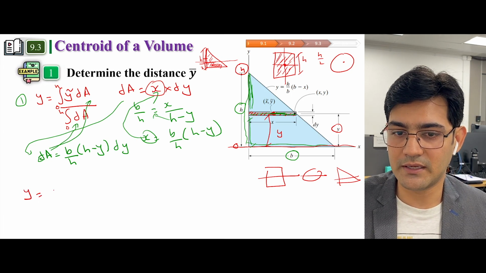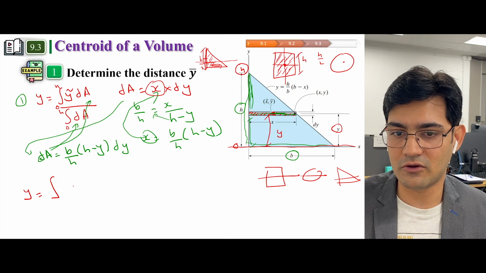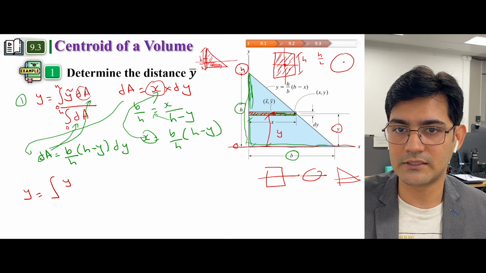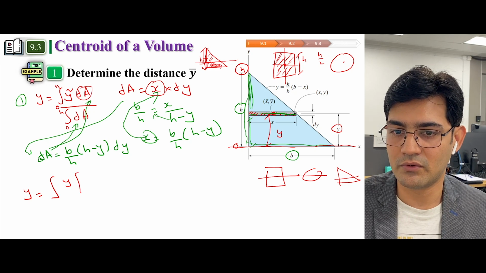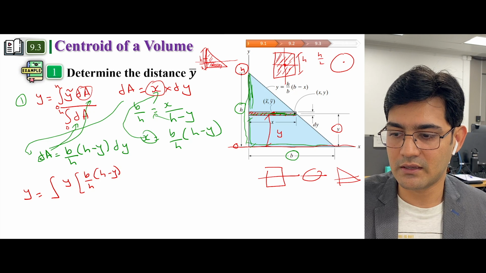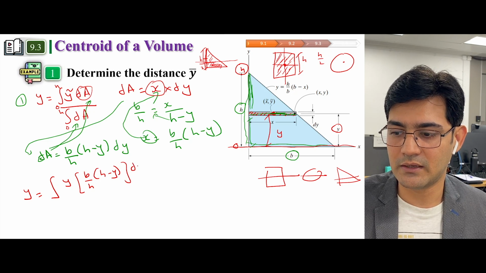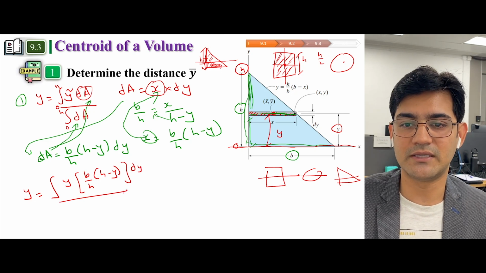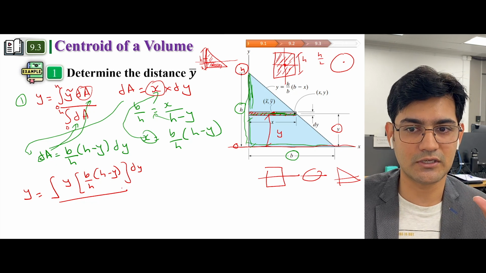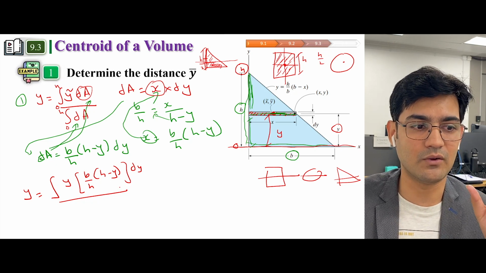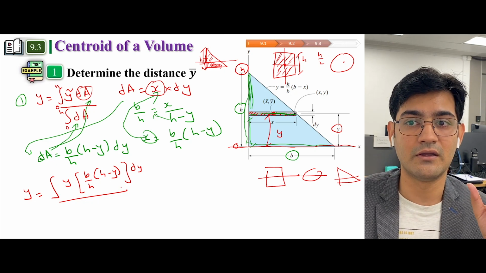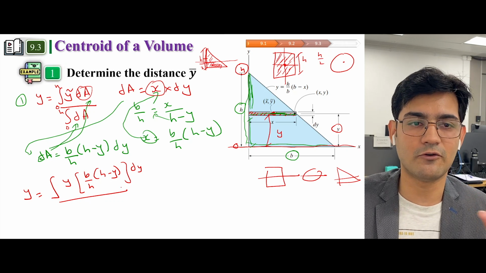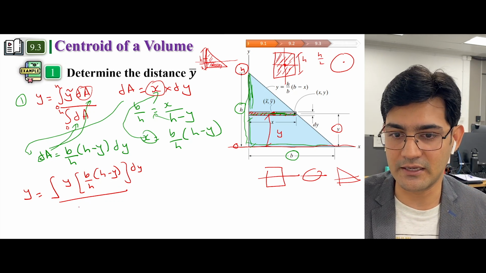So y would be equal to the integral of y dA, which is b by h times (h minus y) dy. Now you don't have to remember these mathematical formulations. I am just interested in calculating the final centroid distance formula, and once we know the formula, we can use it directly.